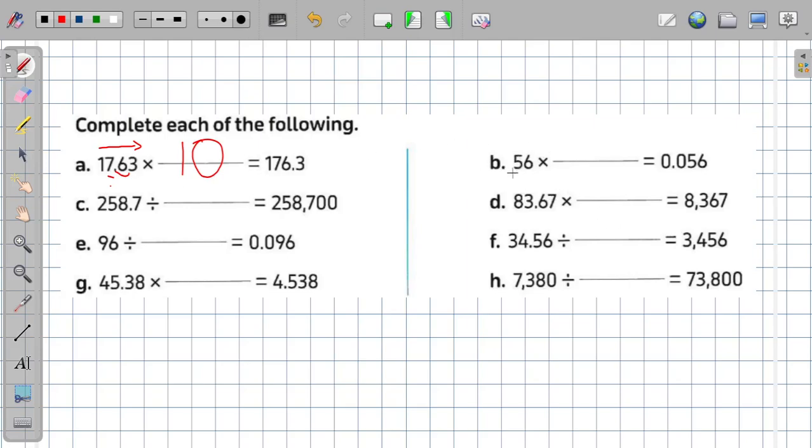Next, I have 56 multiplied by a number equals 0.056. Where is the decimal point? It's after 6, and we moved the decimal point to the left.